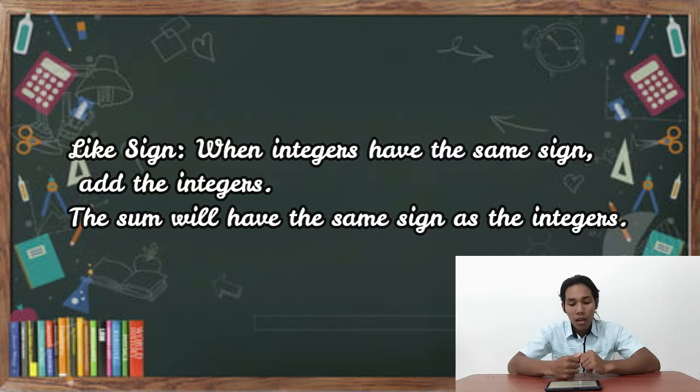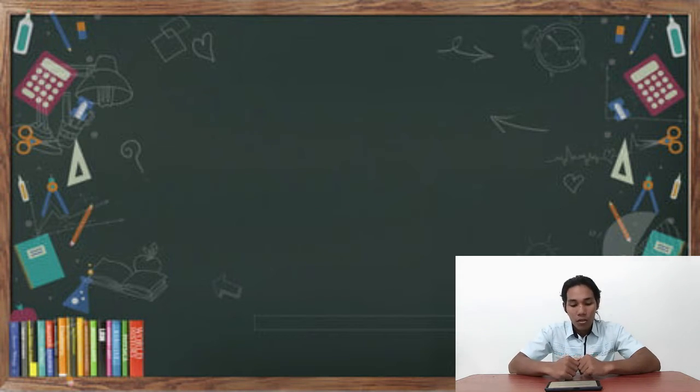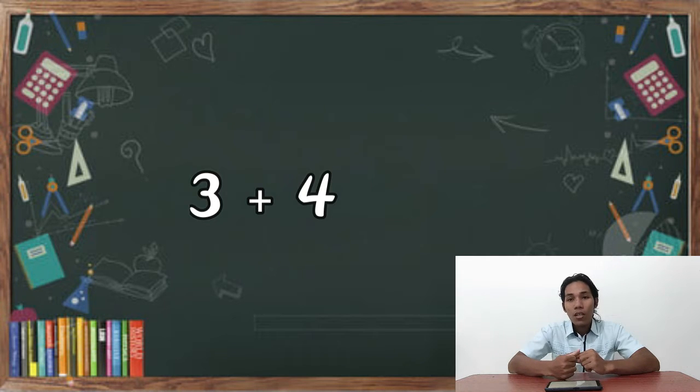The sum will have the same sign as the integers we added. For example, 3 plus 4. 3 is positive and 4 is also positive. So, the sum of 3 and 4 is equal to 7. So, 7 is also positive.